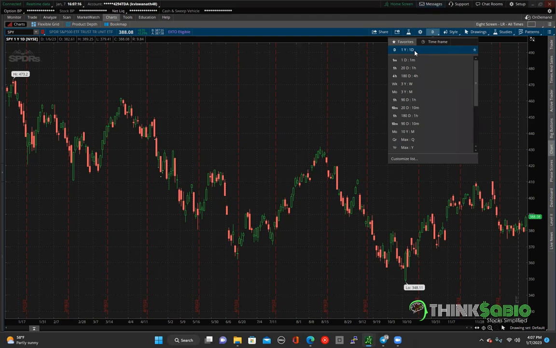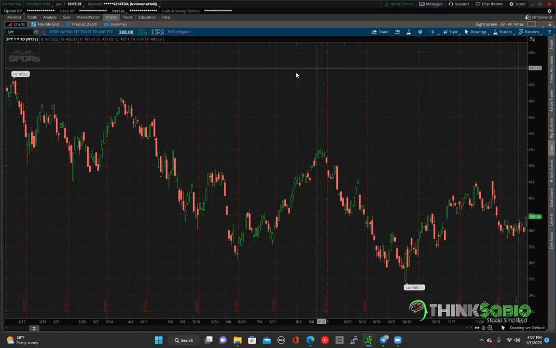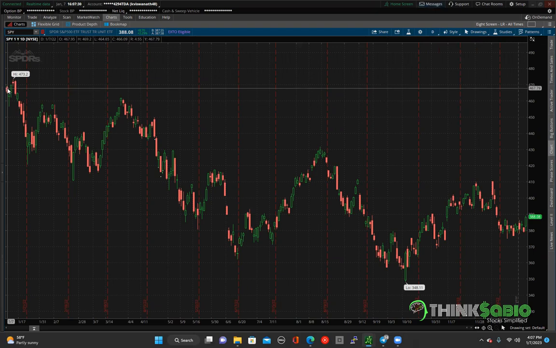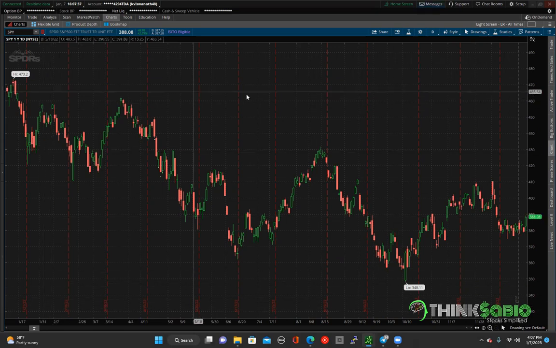It's going to be similar for any charting platform you use. Since I am good at thinkorswim, we're just going to use that for the demo. And this particular time frame is 1 year, 1 day. That means each candlestick represents 1 day, and this is a period of 1 year on the full chart.